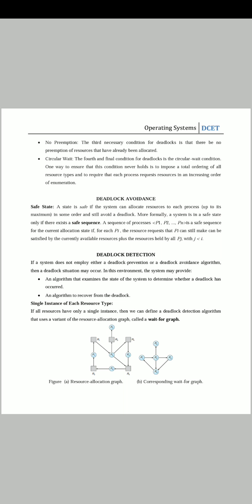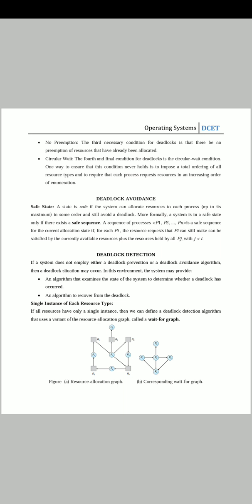I remove the R3 resource and directly have the edge from P2 to P5, which I reflected in the wait-for graph in the second diagram. This is the corresponding diagram for the resource allocation graph, obtained just by removing the resources. We call that diagram a wait-for graph.